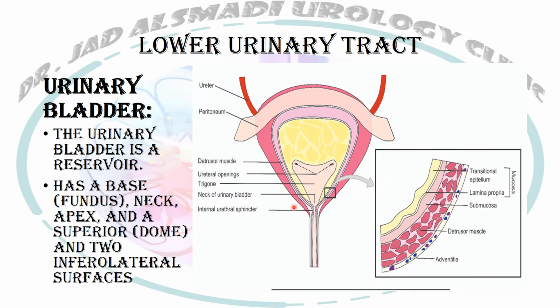In both sexes the apex of the bladder faces anteriorly toward the upper part of the symphysis pubis, and the apex has a structure that is called the median umbilical ligament, or the urachus. The median umbilical ligament ascends behind the anterior abdominal wall from the apex to the umbilicus, covered by the peritoneum.